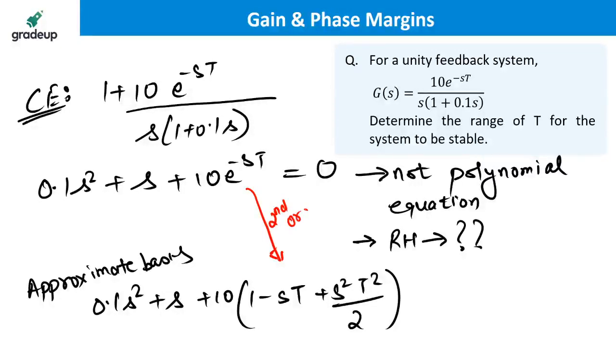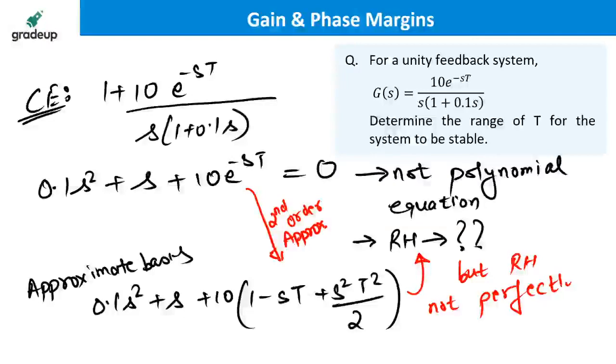Second order approximation, quadratic approximation. Now, if it is a second order approximation, you can go and apply RH. But RH is not perfectly applicable because of this approximation.